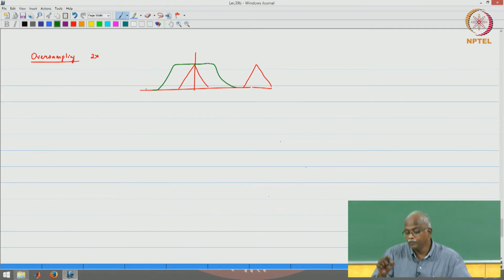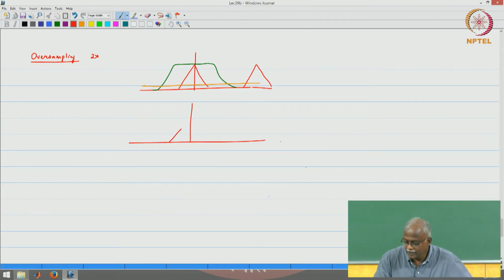Now what will this do for the quantization noise? Quantization noise is going to be present across, so basically it will get generated across. So effectively, after the signal is present, you will see the signal present here, and there is some effect of quantization noise.